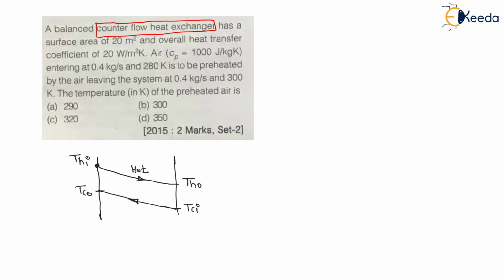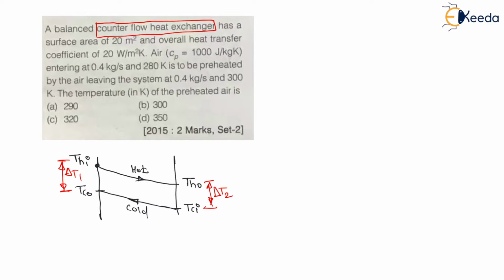This left side temperature difference, THI minus TCO, is called delta T1. And the right side temperature difference, THO minus TCI, is called delta T2 for a counter flow heat exchanger. This is a counter flow heat exchanger, and the cold fluid is entering from the right side.